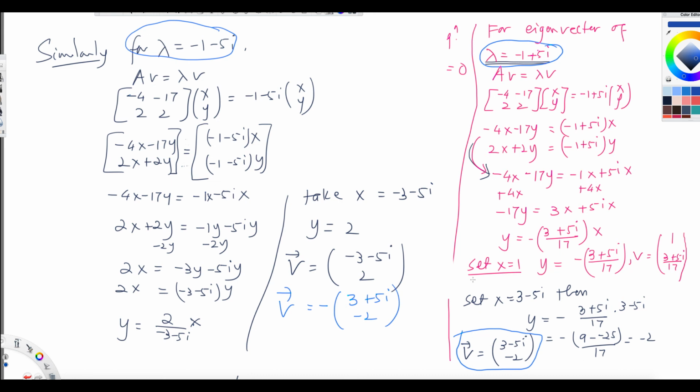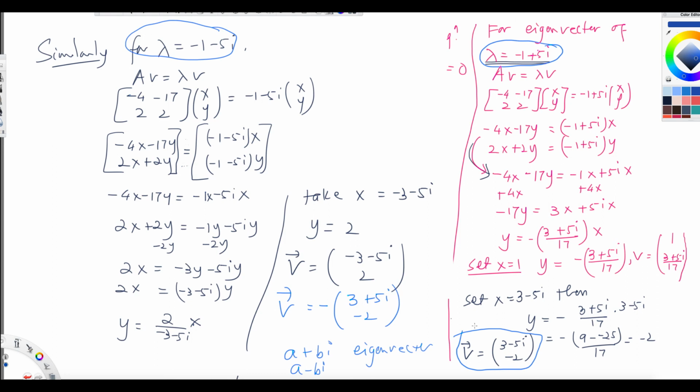Meaning that what we can say from here is, if a plus bi is an eigenvector of a matrix A with real entries, then its conjugate a minus bi is also an eigenvector of the same matrix A.